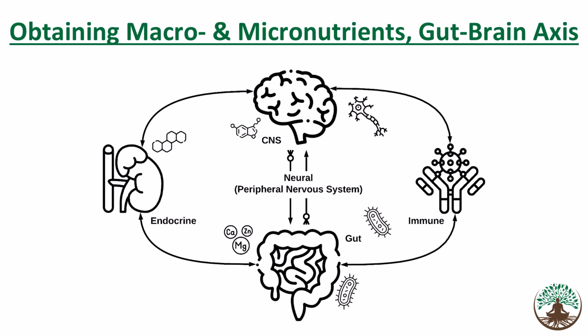Comprehensive GI testing allows us to identify pathogenic and opportunistic organisms, dysbiotic patterns, commensal diversity, digestive and absorption functioning, and intestinal permeability, among other things.